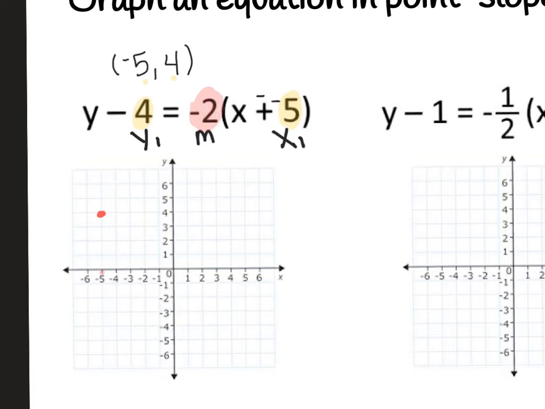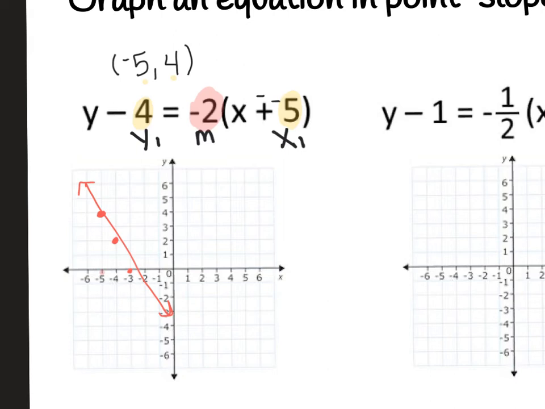And our slope is rise over run. Because it's negative, we're going to go down 2 and over 1. You can do it again. And that is how we graph it. So we just have to find our point and then our slope.